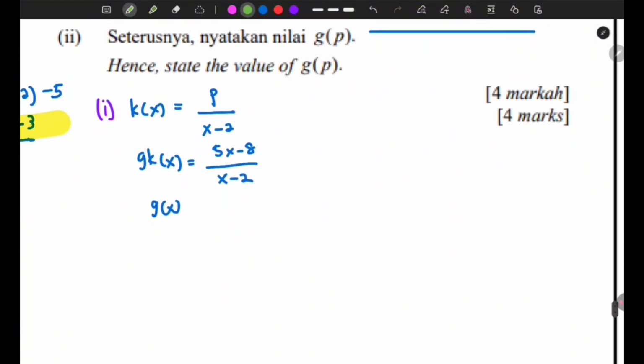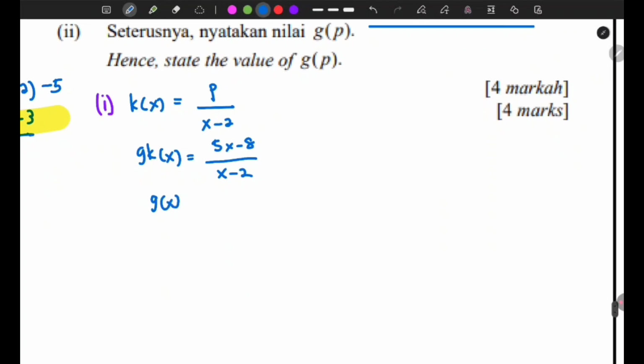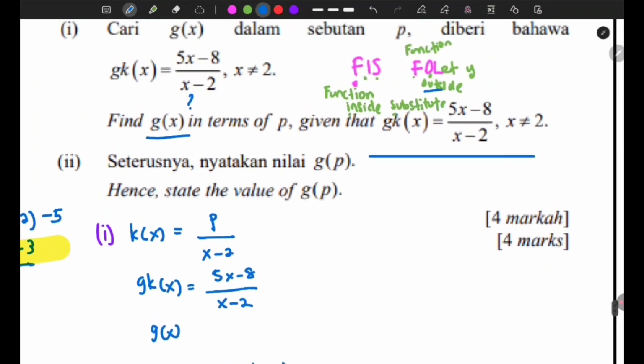So if let's just say gkx, the gx is what you want to find, right? So the g is actually outside. So outside means you have to let y.